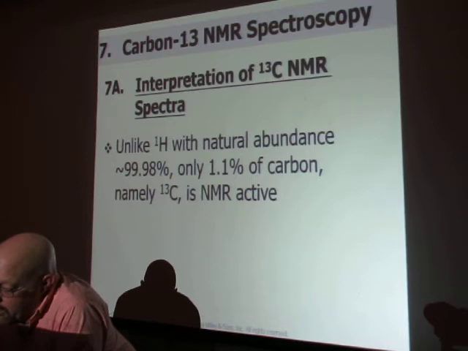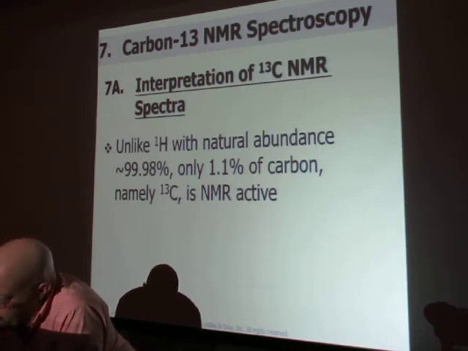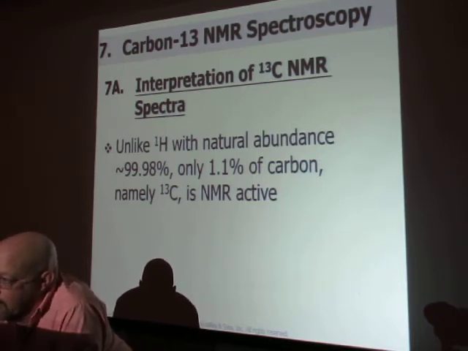So our carbon spectra don't give a very good spectrum. To actually get a spectrum, we have to take a lot of scans, because carbon is about 6,000 times less sensitive than the proton in the spectrometer, because of that difference in the amount of isotopes.